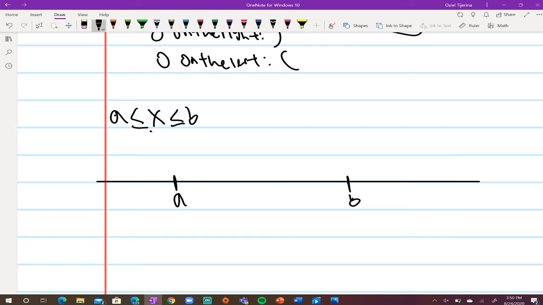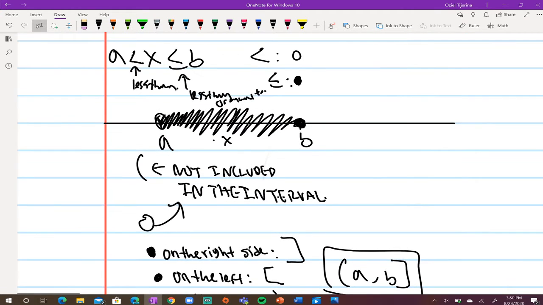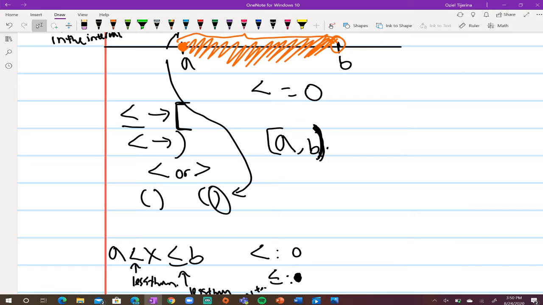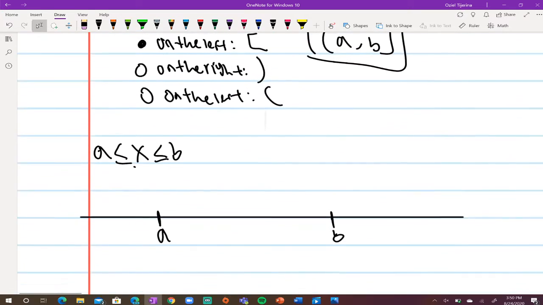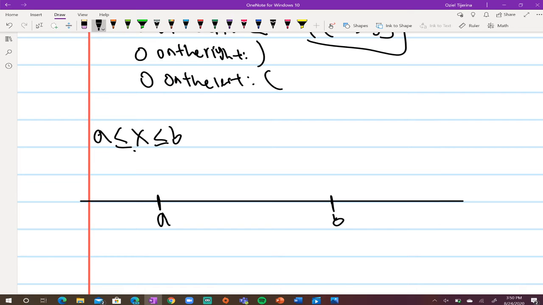Remember how I said if it's a less than or equal to, it's a closed dot. So we're going to put a closed dot right here. And then B is also a closed dot because it's less than or equal to, okay? And because there's an X in between, we have something like this, okay?